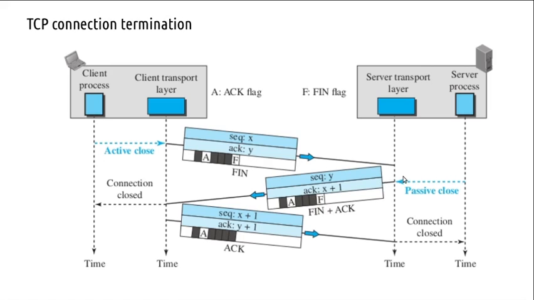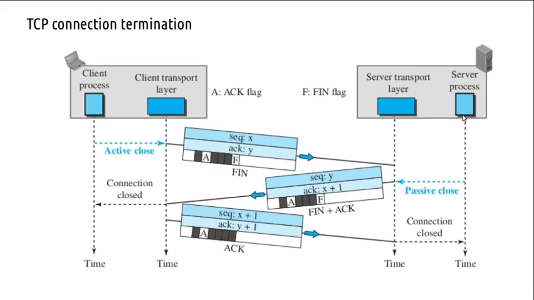Now once that is happening, the server will respond. The transport layer will inform the server application layer that it has received a request from the client side process telling that it wants to close this TCP connection. It won't just take a decision like that.